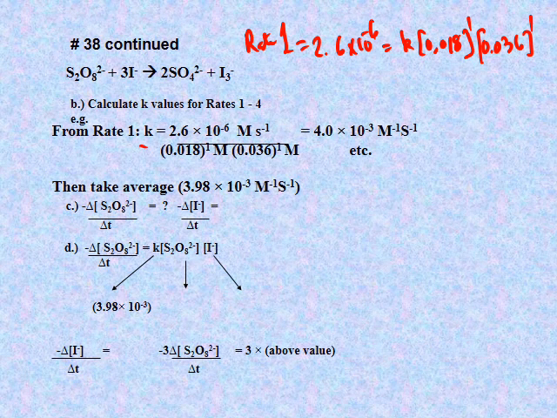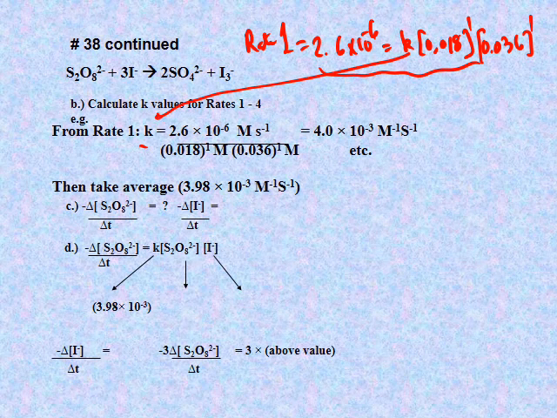And from this expression we can calculate the K value. So dividing both sides by 0.018 and 0.036, that's how we get the K value for rate expression 1, which is 4 times 10 to the negative 3.